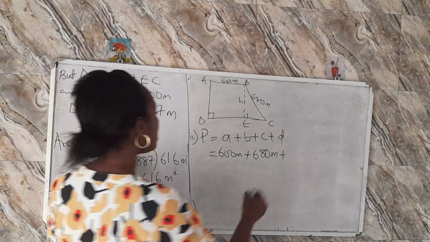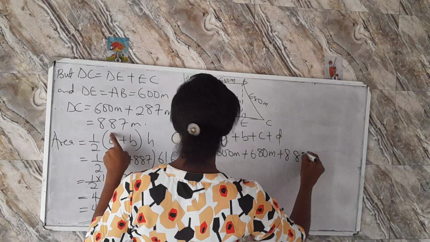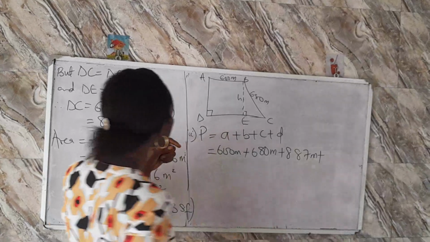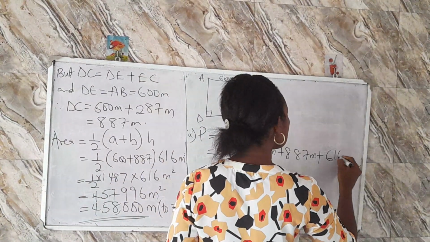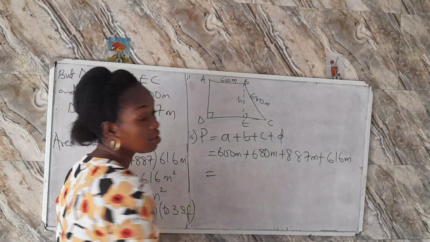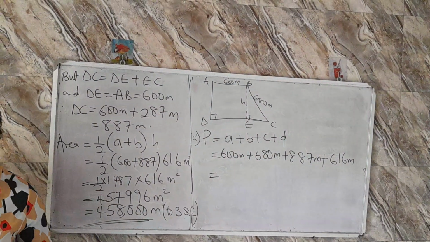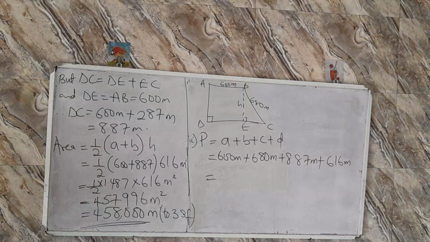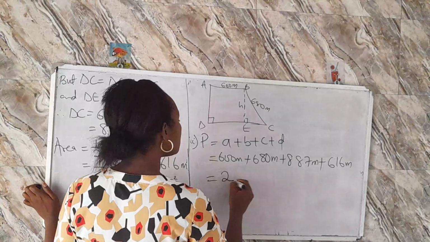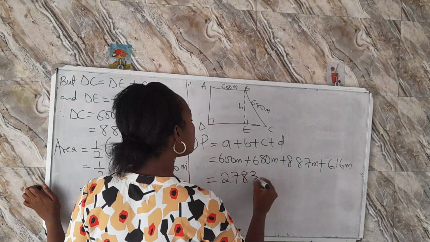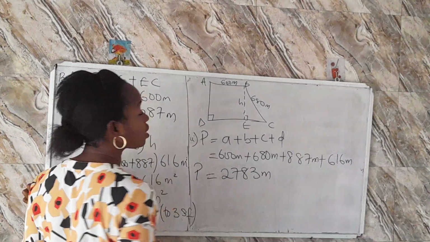DC gave us 887 meters, then plus AD. Recall that AD gave us 616 meters. So what will be the sum of all this? When you sum it up, it will give you 2,783 meters. That will be the perimeter.